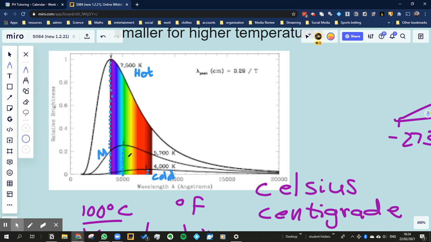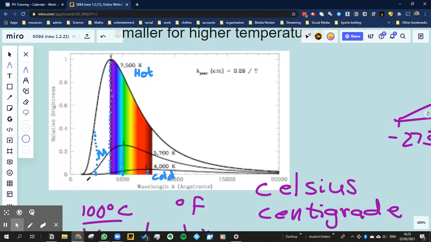So if I wanted to see how much of this particular wavelength each one emits, well, the hottest one emits the most, the medium one emits the medium, and the cold emits the least. But also, each one has its specific peak at a lower wavelength. I hope that makes sense. We'll probably look at some exam questions to see if we can apply that.